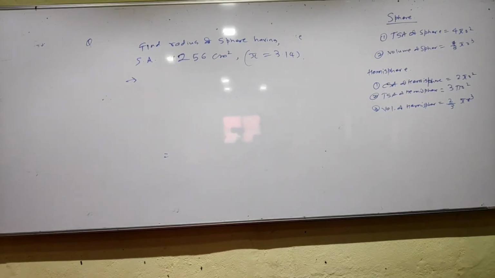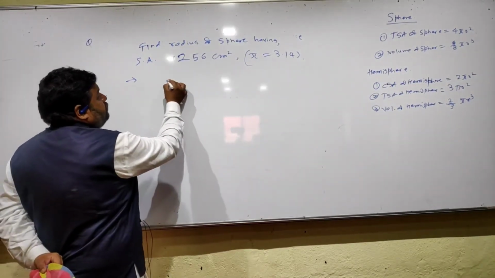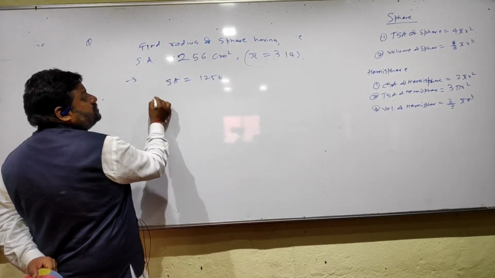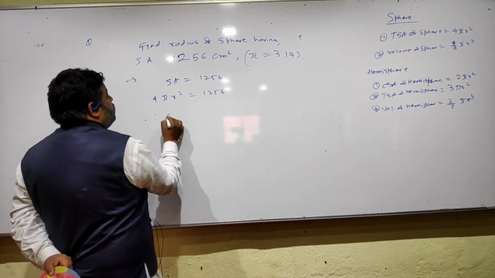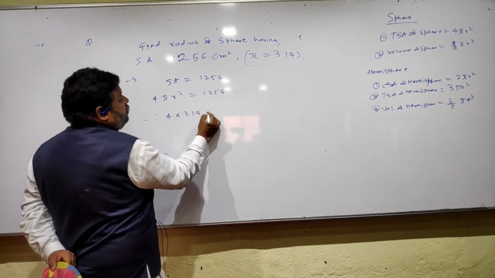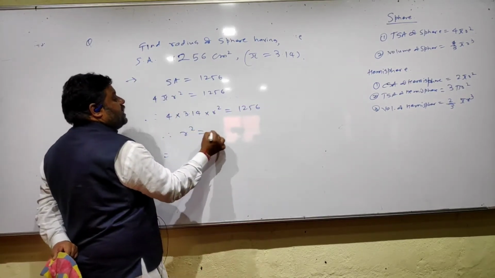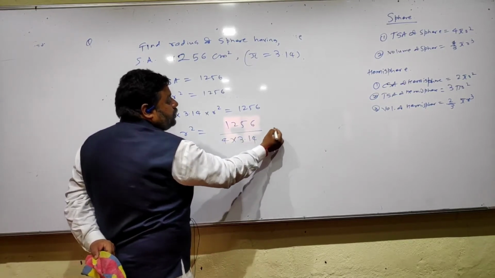So if we try to solve this, surface area is 1256 cm square, which is 4 pi r square equal to 1256. Hence 4 into 3.14 into r square is 1256. Hence r square is 1256 upon 4 multiplied by 3.14.